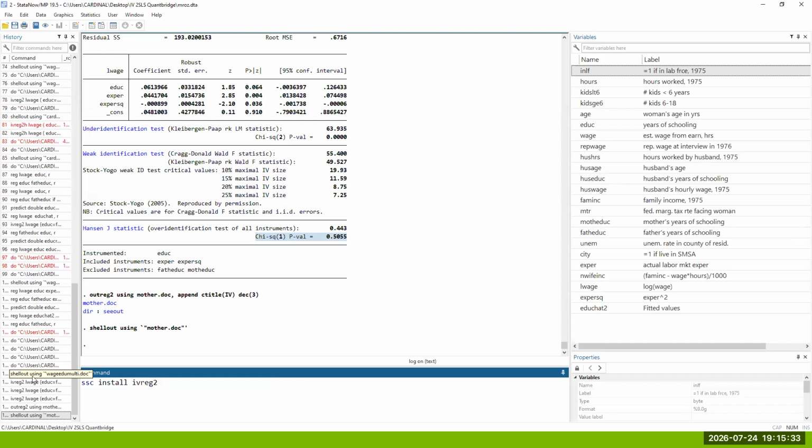And it will install it for you. If you want the code for the Lewbel, all you do is still install ivreg2 but add H. Once you add H, you will now get the code for analyzing your instrumental variable estimation model when you don't have an instrument.